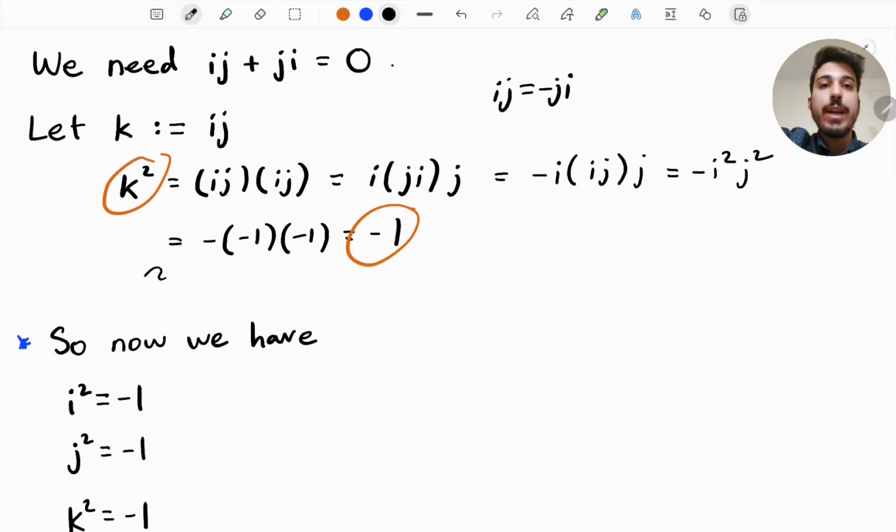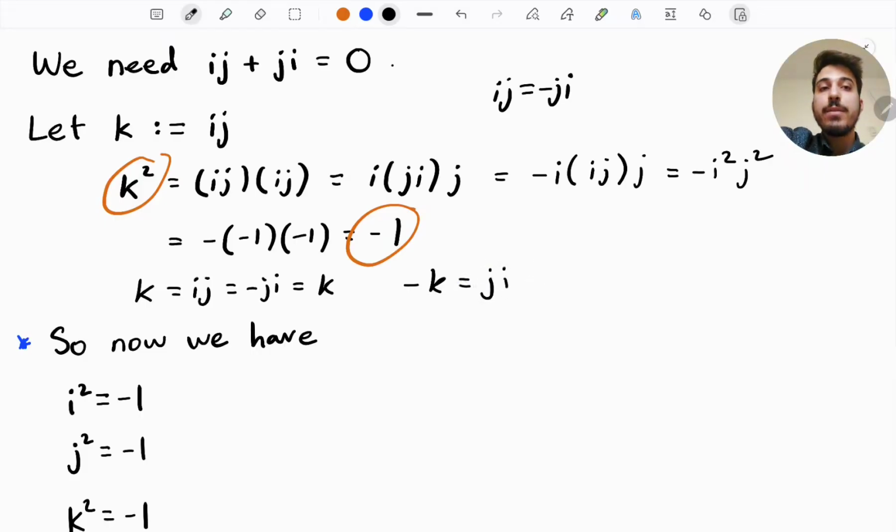And we also know that k is equal to ij, which is equal to minus ji, which is equal to k as well, because ij is equal to minus ji. And minus k is equal to ji, in fact.